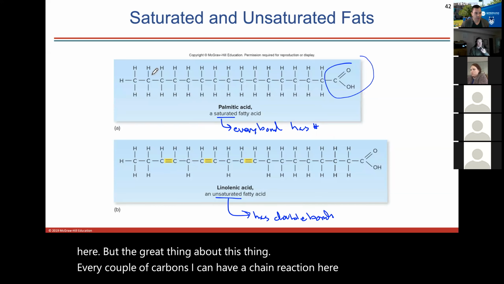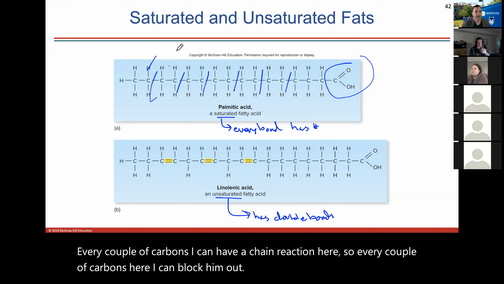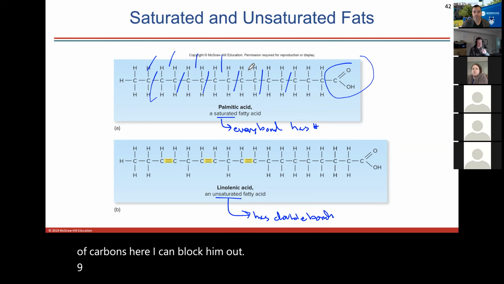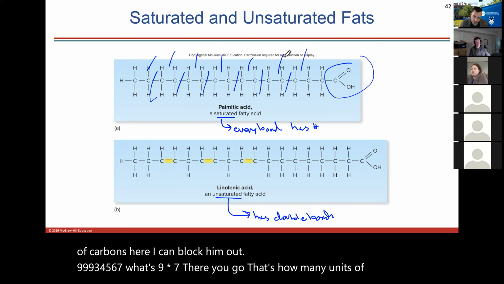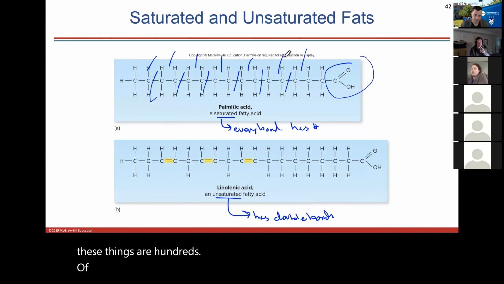So every couple carbons here, I can block them out. 9, 9, 9, 3, 4, 5, 6, 7. What's 9 times 7? There you go. That's how many units of energy. These things are hundreds of hydrocarbons long.